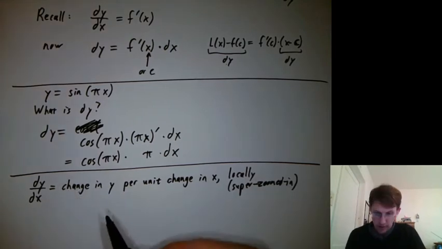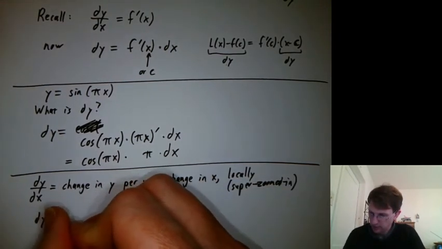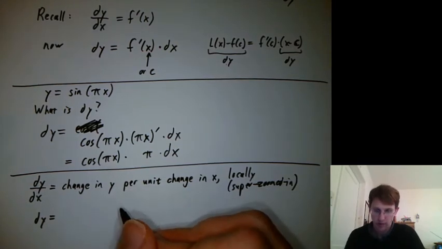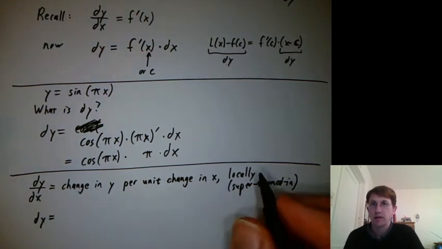So that's dy over dx. dy itself, without dividing by dx, you could say is the approximate change in y when x changes by dx.